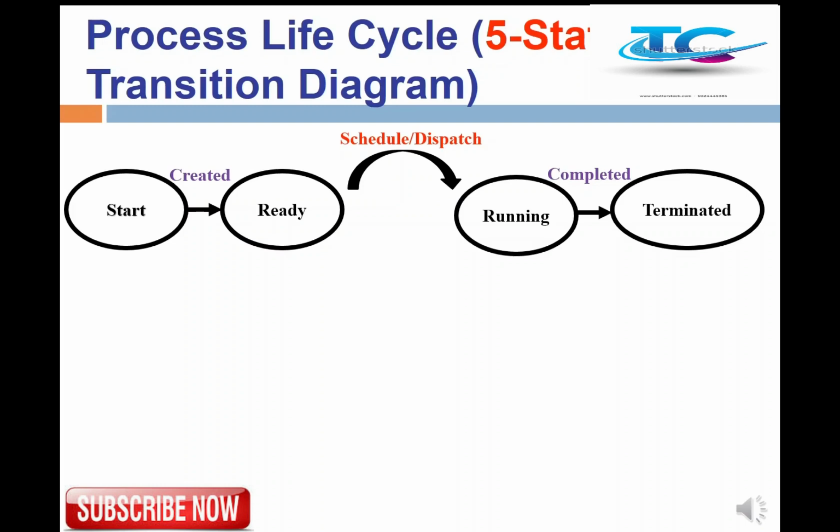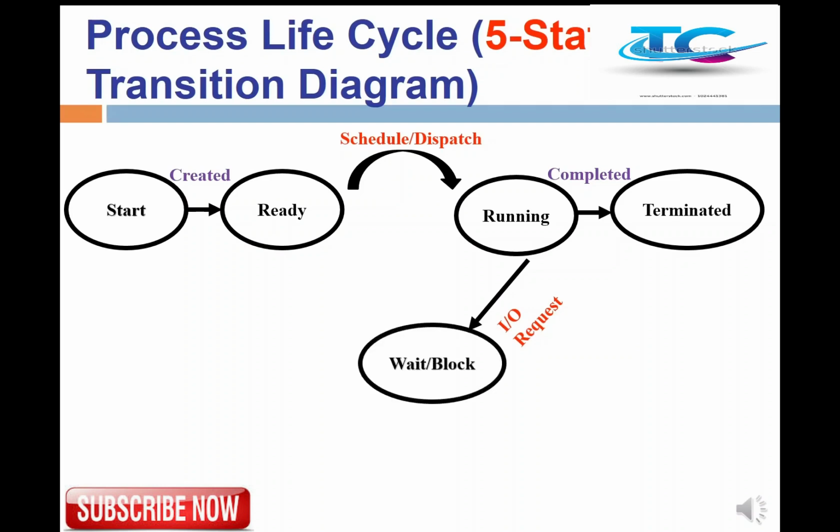So if there is a question of how many minimum states are required to execute any process, then the answer is 4 minimum states, but generally it does not happen that way, because a process moves into the waiting state, or we can say block state, if it needs to wait for a resource, that is, an input output resource.